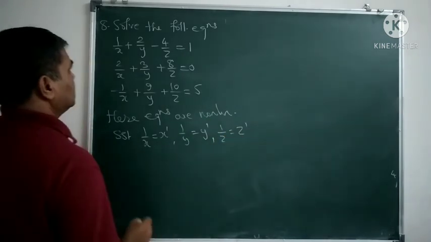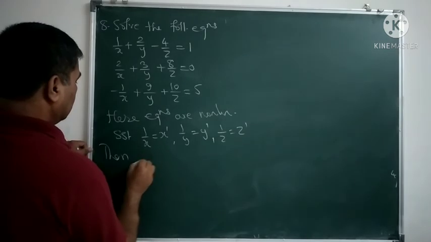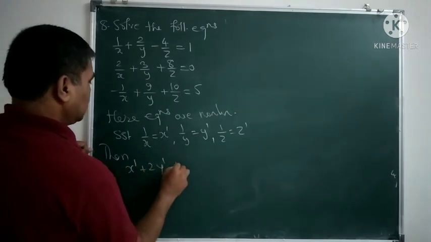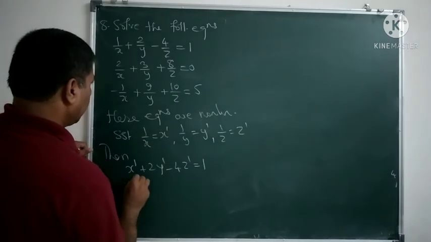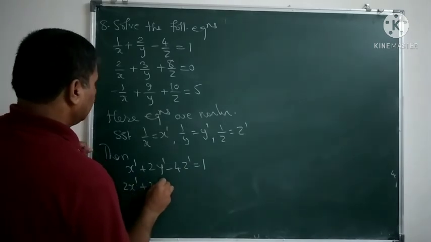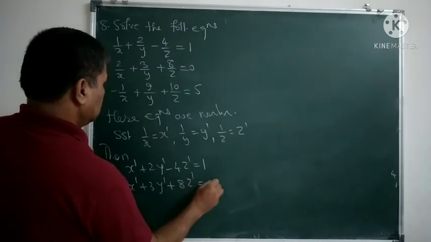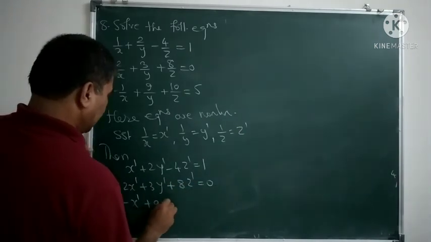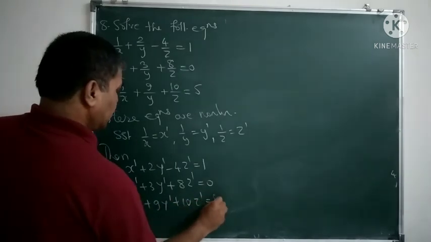Then we get x prime plus 2y prime minus 4z prime is 1, 2x prime plus 3y prime plus 8z prime is 0, minus x prime plus 9y prime plus 10z prime is 5.